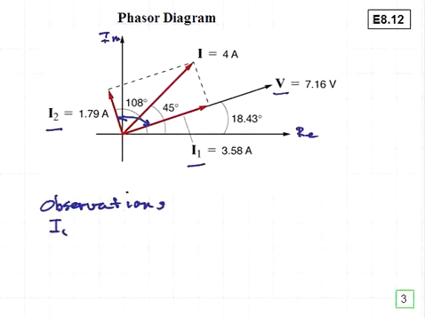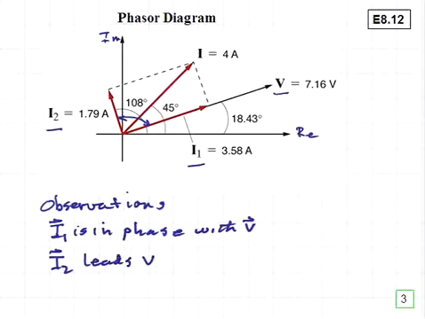As we said, I1 is in phase with the voltage V. I2 leads V by 90 degrees.